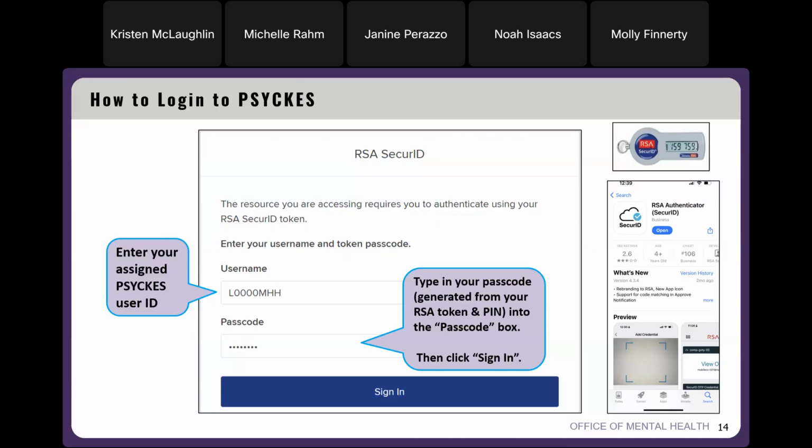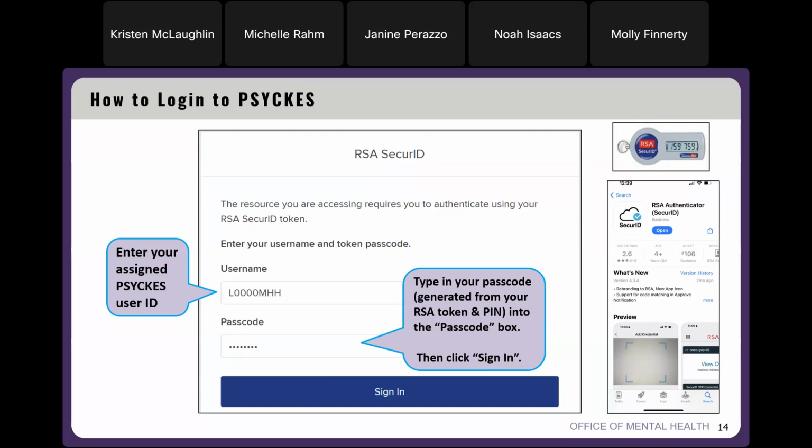So if you have a mobile token on your phone and you pull that up, what you would do is you would put in the PIN that you created onto your token, and then you would generate a passcode that expires every 60 seconds. However, again, there are some restrictions in hospitals. Some people aren't even allowed to have a cell phone on the floor.